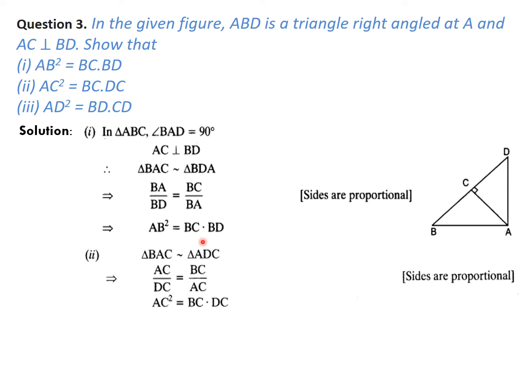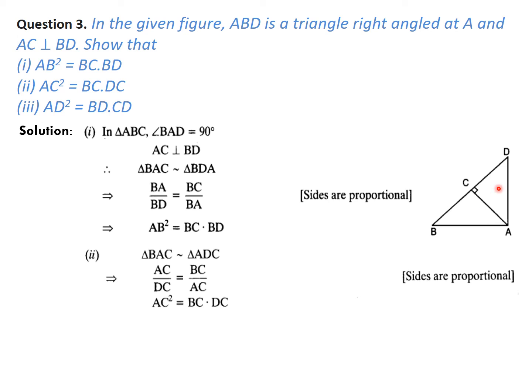In the second part, it has asked to prove that AC square equals BC into DC. Again, let us choose the triangles. Here, AC, BC and DC are the sides. We have AC twice, so AC and BC, which means this triangle, and AC and CD, that means this triangle. So we will deal with triangle BAC and triangle ADC.